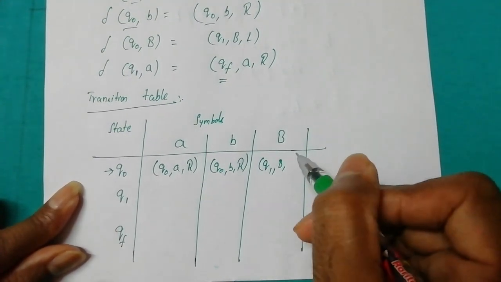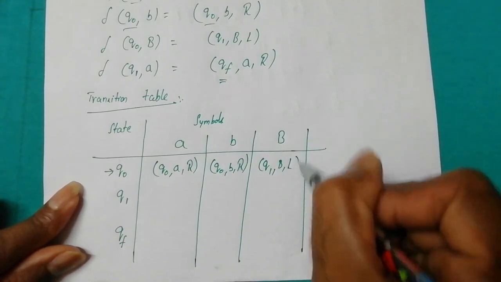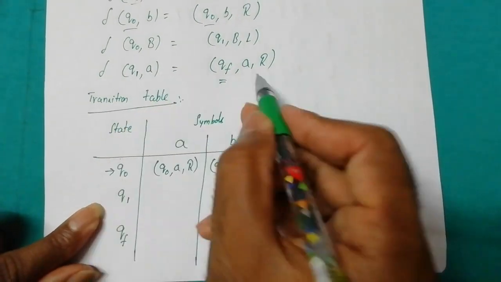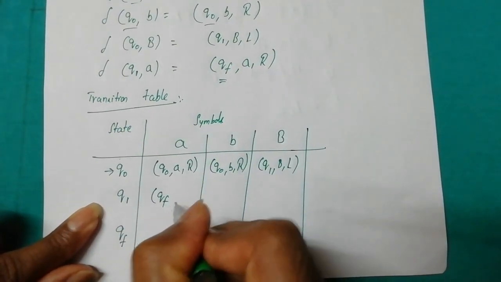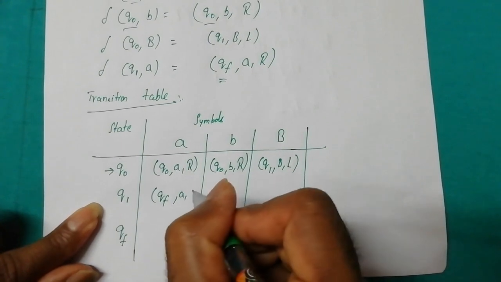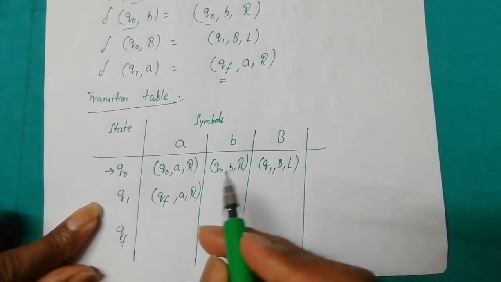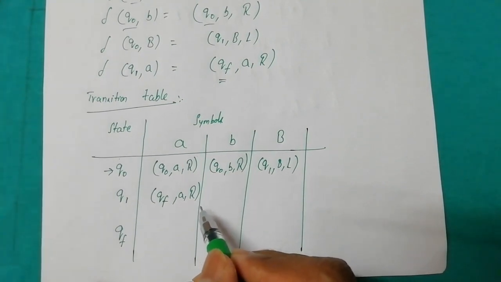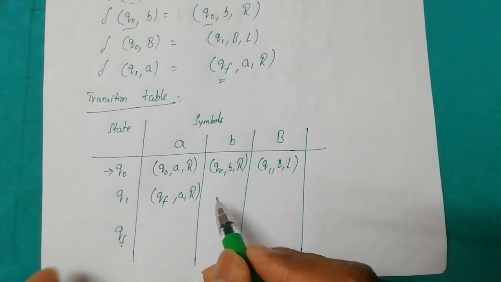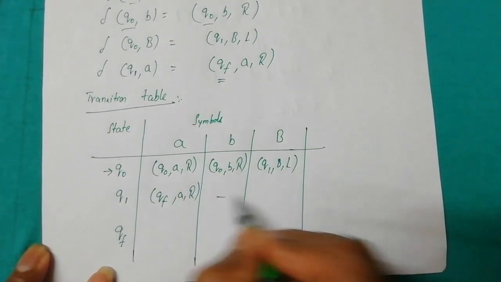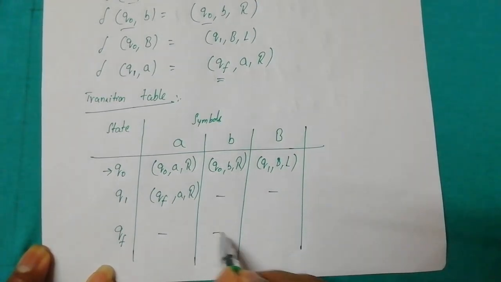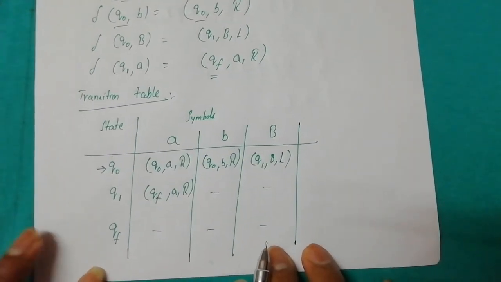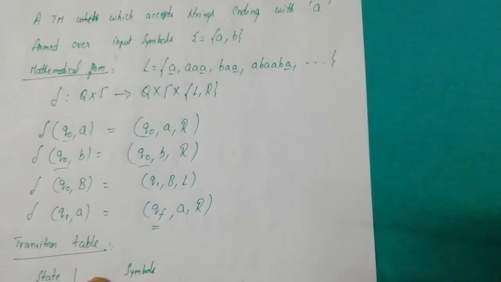We are keeping that blank symbol as it is, and we are moving one cell to the left direction. When Q1 come across with the input symbol A, we are moving to the state QF, keeping that tape symbol as it is, and we are moving to the right direction, one cell. It doesn't matter whether you move to the left direction or right direction when you reach the final state. These are all transitions that are not defined. This is second form of representation of a Turing machine, and third form is graphical representation.